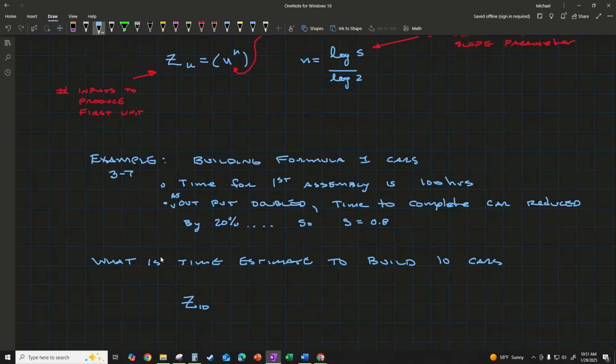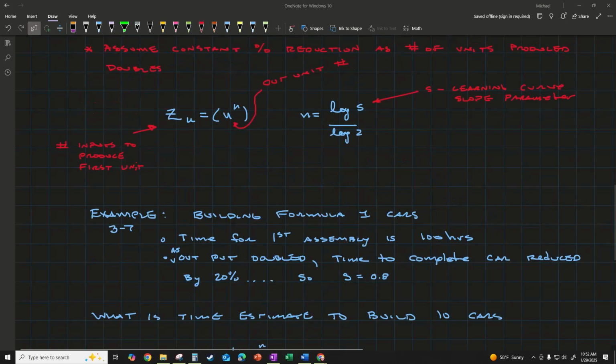So Z of 10 equals K U to the N. And I noticed a mistake. I mislabeled this. We actually need a K up here, and this is K, not Z sub u. Z sub u was our final output.